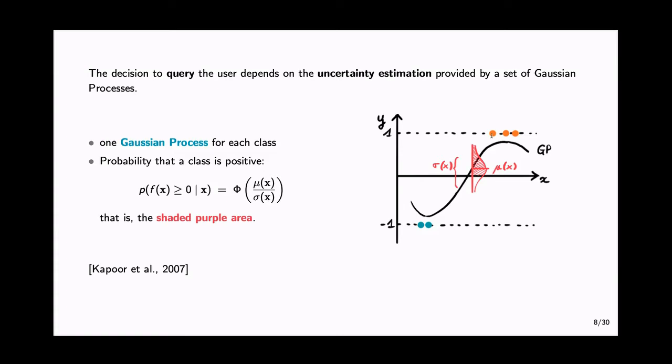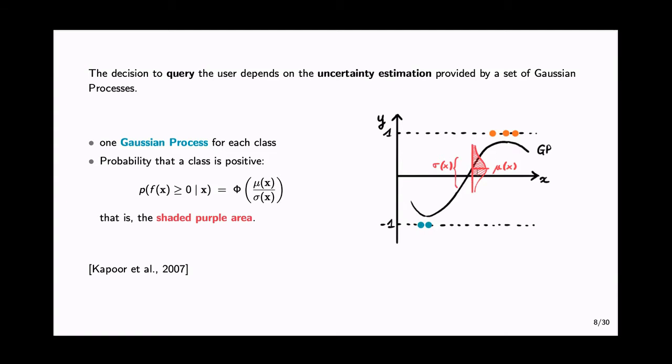We have orange instances, which are instances that belong to the class Y, and negative examples, which are the blue dots. The black line is the mean function that tries to approximate these instances.